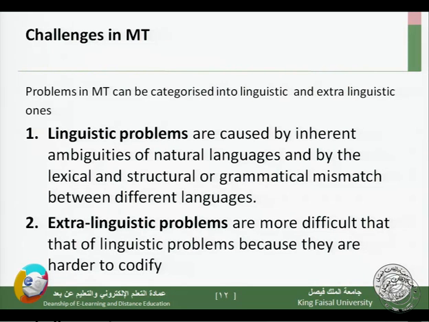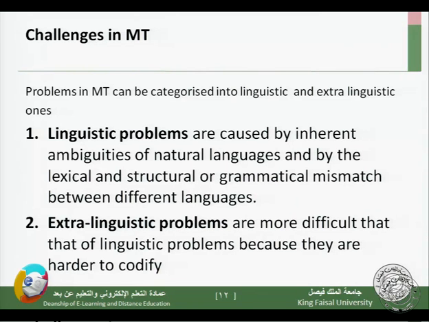There is a kind of mismatch. You cannot get this exact match of lexical, structural, grammatical issues, aspects, texts or units from a machine translation or even a computer-aided translation program.